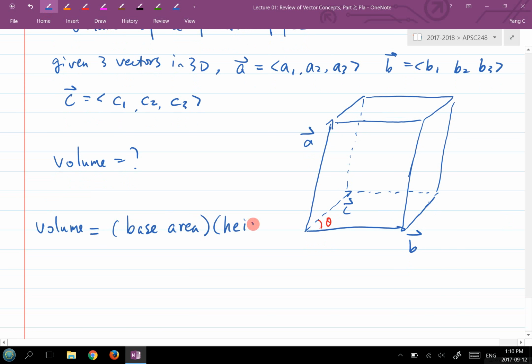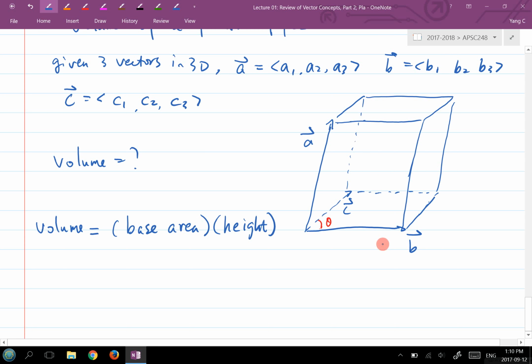That would be the straightforward formula for calculating a parallelepiped: base area times the height. Well, you might argue, so what is the base area? In this case, there are 6 sides, so you can use any side as a base area, right? And once you determine the base area, then you can determine the height.